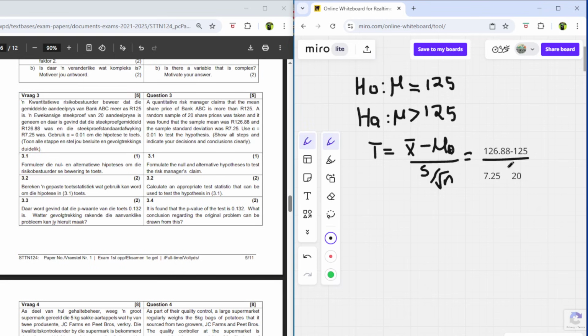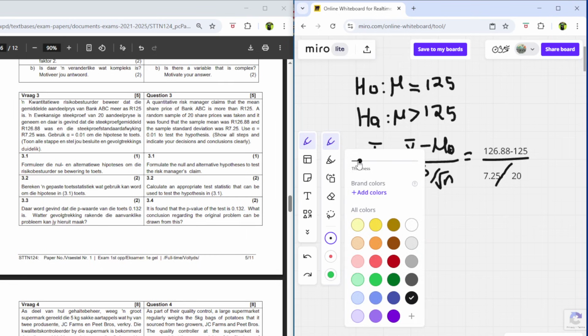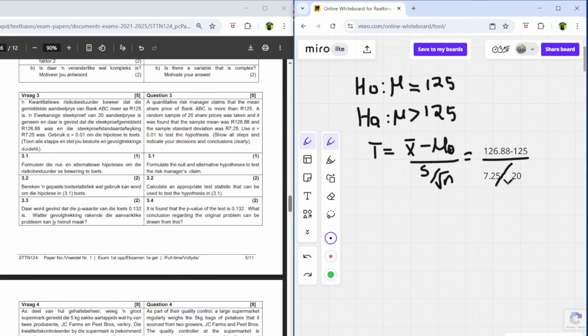So we divide this by the square root of 20.